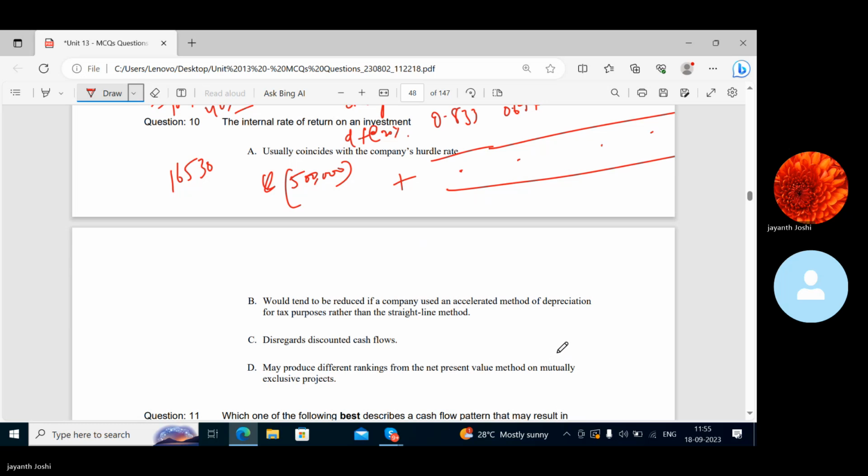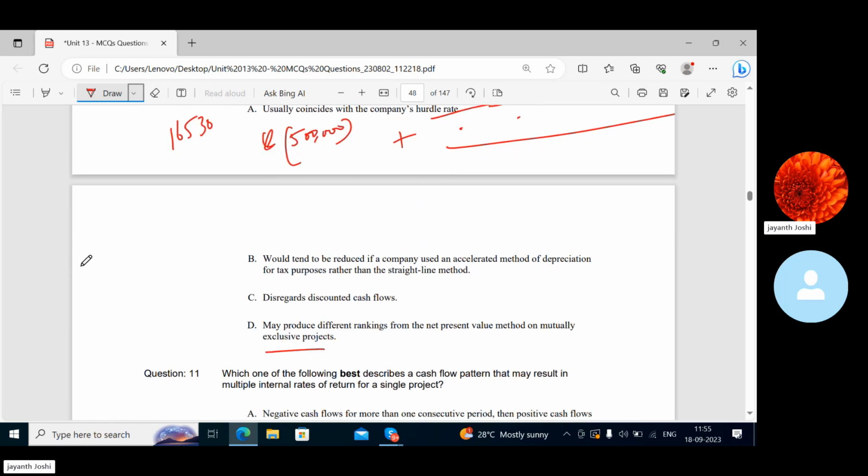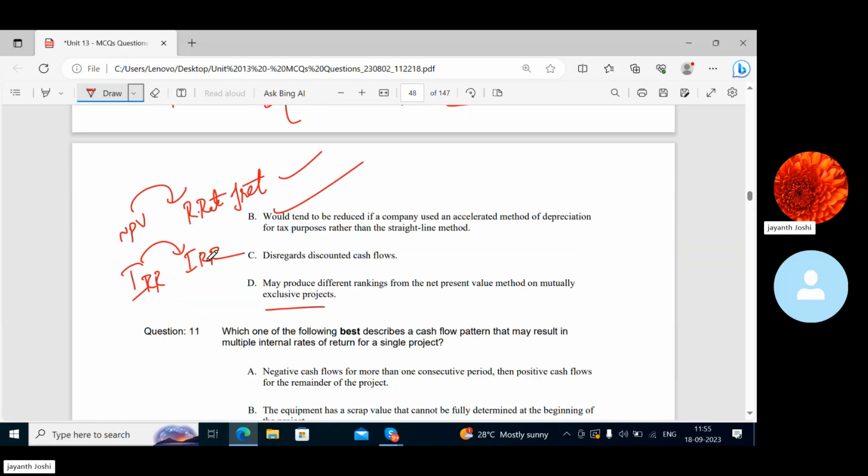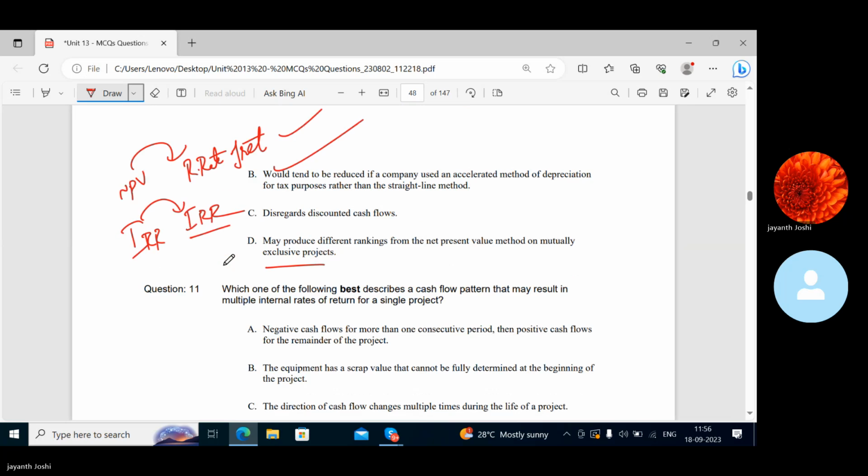IRR may produce different rankings from the NPV method on mutually exclusive projects. Why? We already discussed, right? NPV says that the funds can be reinvested at the required rate of return, and IRR says that the funds should be reinvested at the IRR. They will give different answers, right? Coincidentally, if a hurdle rate is equal to IRR, then that can be only one of the points, but that is not always possible, correct?